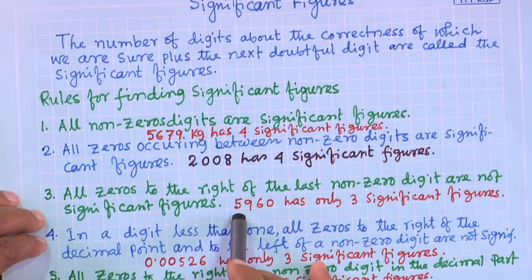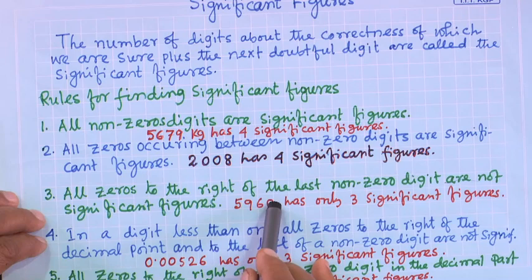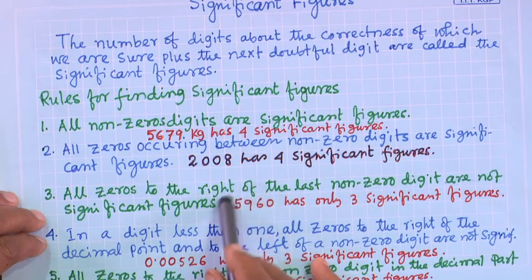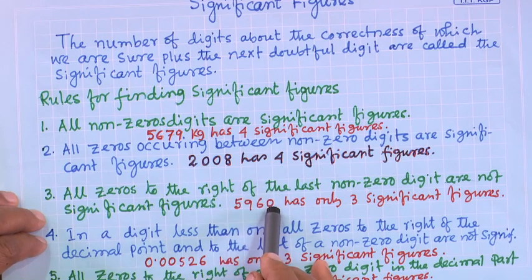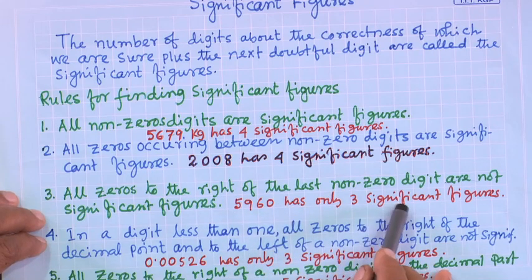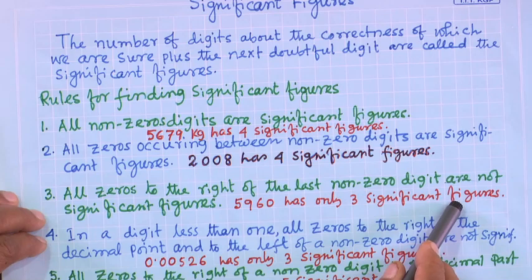Example: 5960. So, this is the 0 at the right of the non-zero digit, so it is not taken as a significant figure. In this case, although 4 digits are there, we say there are 3 significant figures.